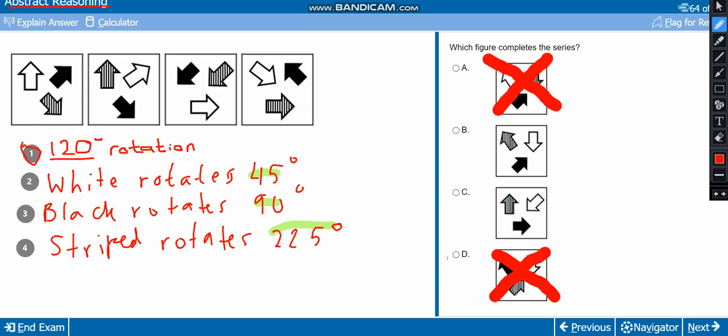And then next, once we've narrowed it down to B and C, all we need is just one of these rules. So I'm going to knock out number 3 and number 4, as in my opinion, number 2 was the easiest to work out.